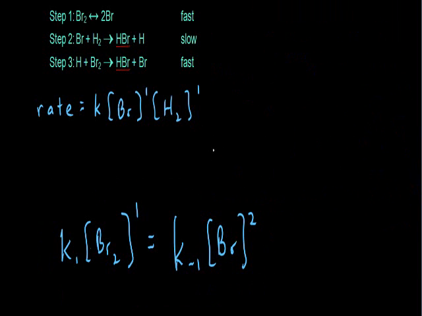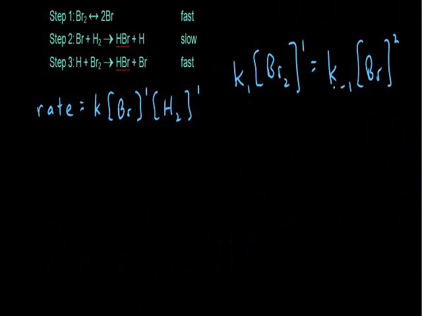What we now want to do is mathematical manipulation. We want to isolate our term for Br, and once we isolate it, we can substitute it into our preliminary rate law expression, and that would allow us to eliminate Br from the expression. First step, let's divide by k minus 1, which will eliminate our k minus 1 from this side of the expression.